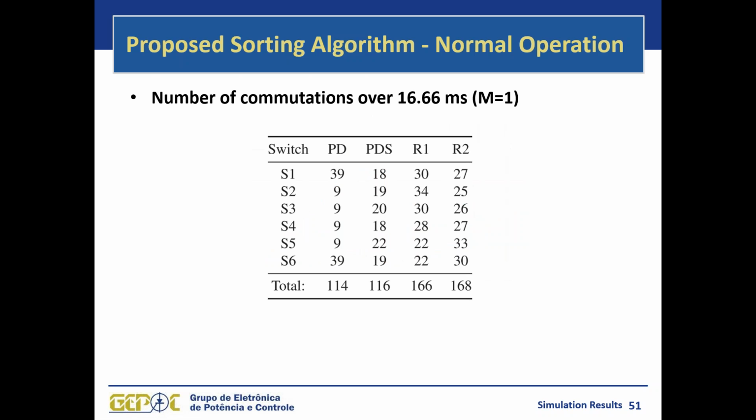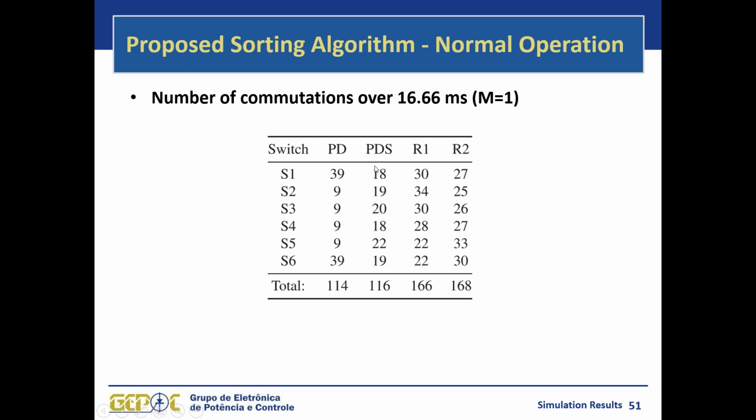Another comparison that we have is the actual number of commutations over one period of the fundamental of the modulating voltage, for a modulation index equal to 1. We can see here that the PD and PDS strategies have a similar total number of commutations, even though for the PDS, the upper and lower switches commutate more than the intermediate switches.